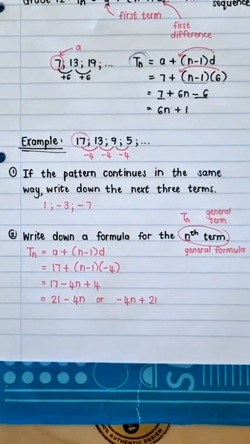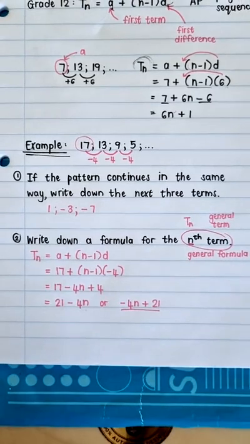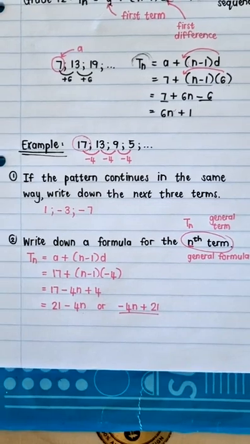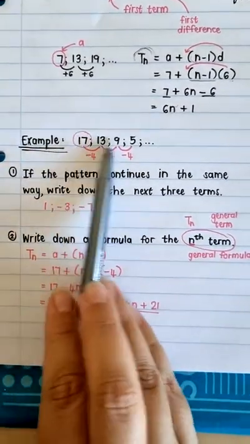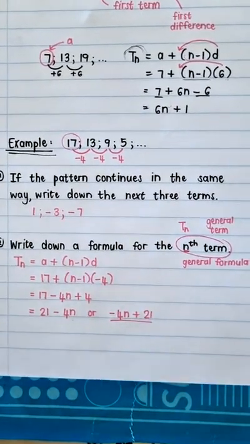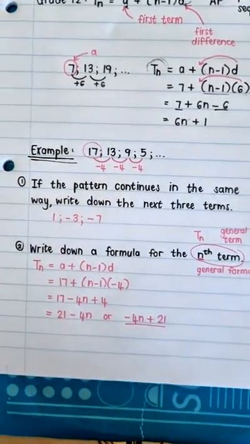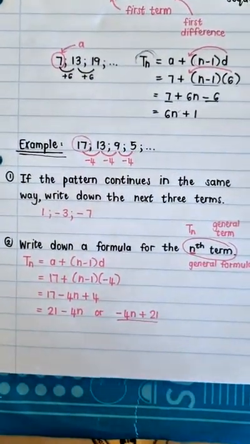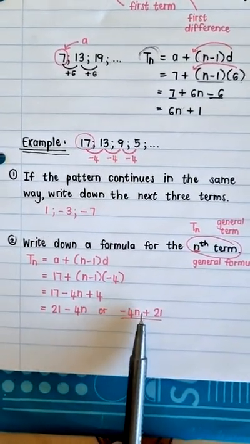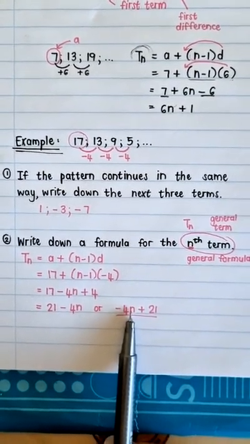Now guys, what that means is that this is actually a formula that will give you the value of any term in this number pattern. All right, so if they are saying that these are the first 4 terms in this number pattern, now you need to find the 300th term in this number pattern. You are not going to sit there and minus 4 300 times in order to get to the answer. You can now actually use this formula, and where you have an n, if you're needing to find the 300th term, you're just going to put 300 in the place of n.